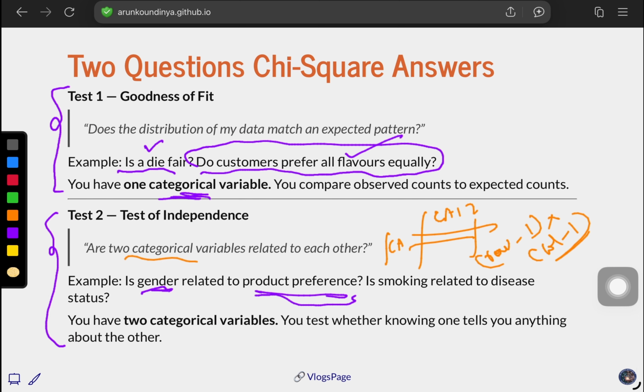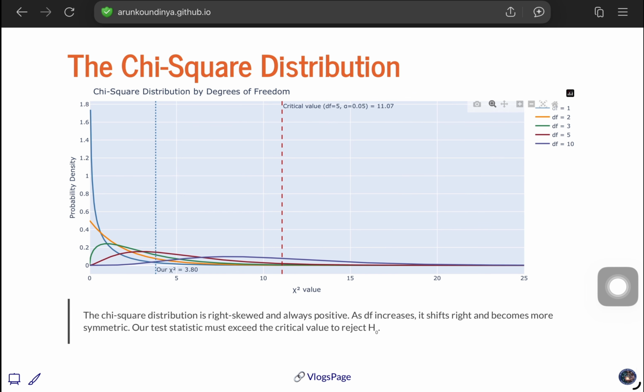If there are 2 genders, that is 2 minus 1, and the number of products, say 3, becomes 3 minus 1. So the total degrees of freedom will become 1 into 2, which is 2. Got it? That's how it is arrived at.